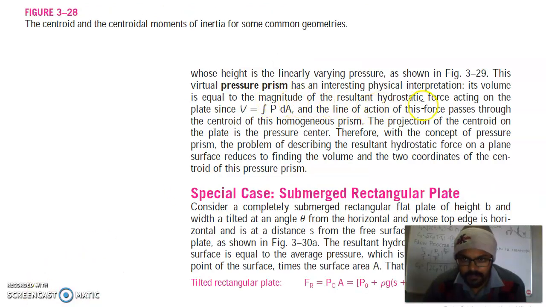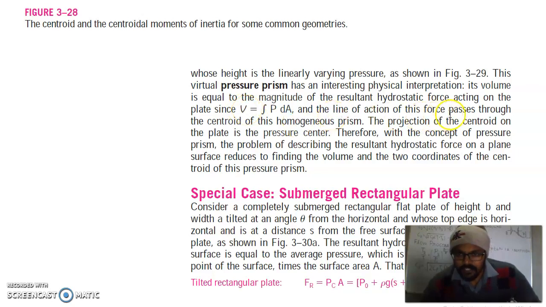Now this virtual prism's volume is equal to the magnitude of the resultant hydrostatic force acting on the plate, since volume is equal to the integration of pressure times dA. If you know the pressure and the area and integrate over the whole plate, you will get the volume of the prism.